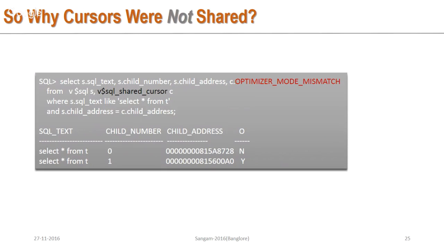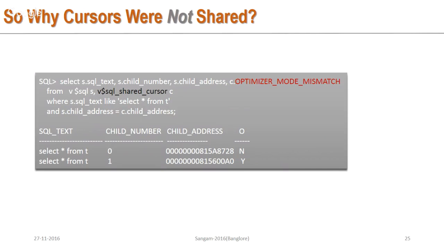So in this query, the optimizer mode mismatch is shown as the reason here as Y, for the second execution. That means the cursor which is supposed to be found as matching has to match exactly. And if it does not, that is where the cursor is going to be marked as unshareable by Oracle, resulting in multiple child cursors being created in the library cache.